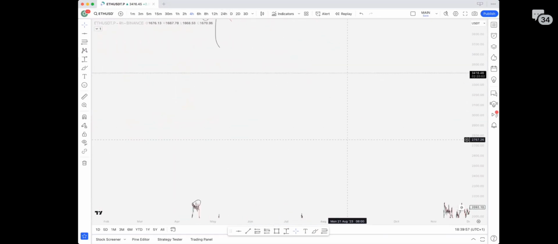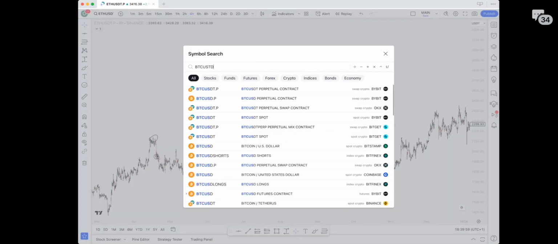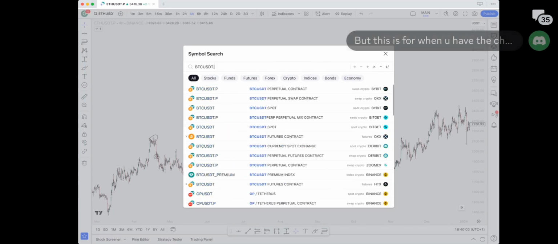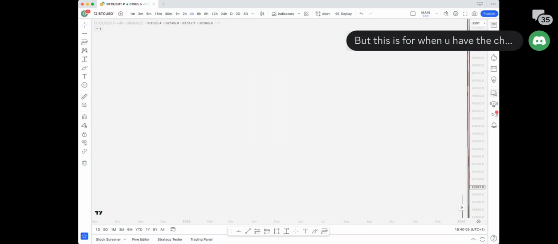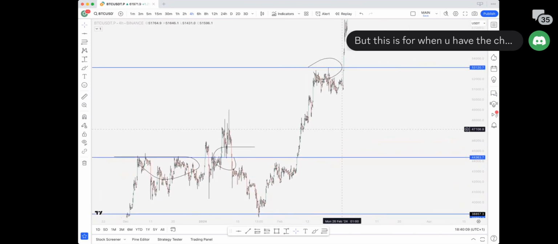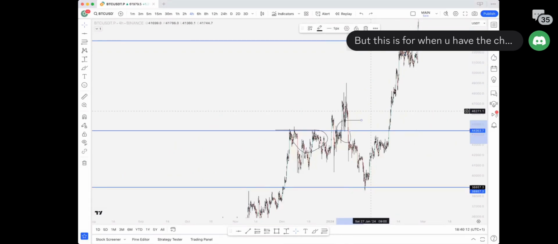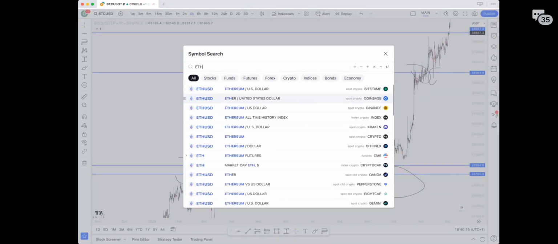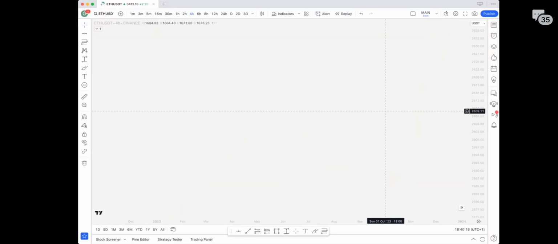So look for a clear example of this on Bitcoin again. Actually, were we on Bitcoin earlier, or am I tripping? We might have been on ETH actually. Let's go back to ETH then.